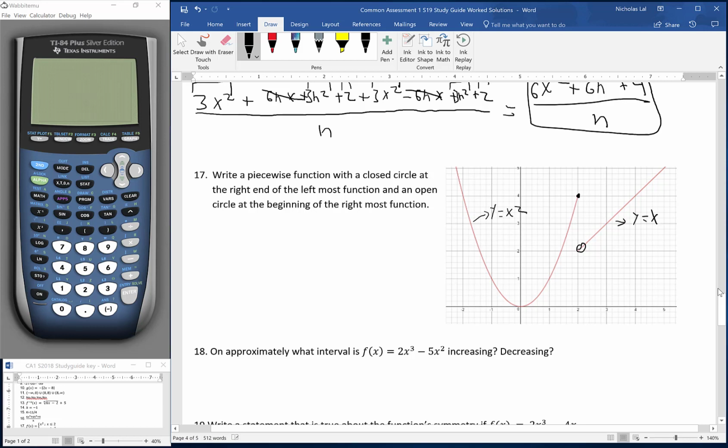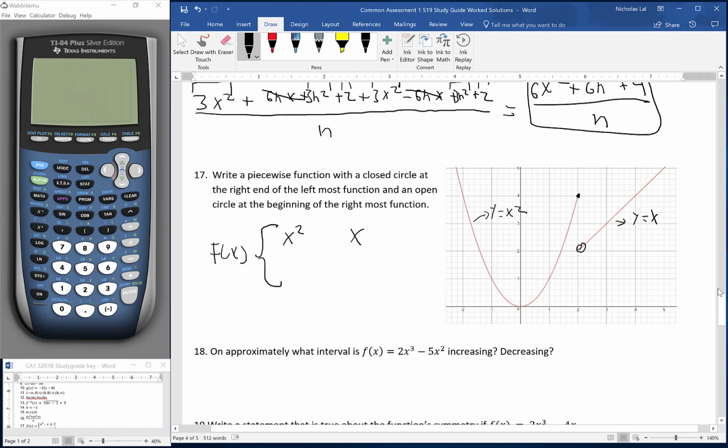Now, y equals x squared is on the interval where x is to the left of this point or equal to this point.